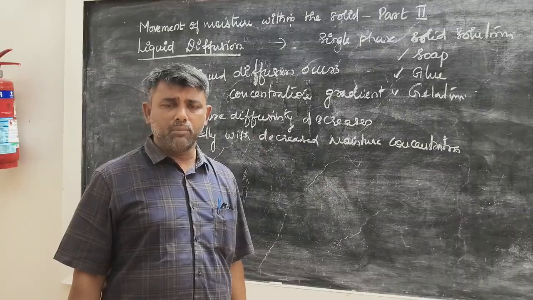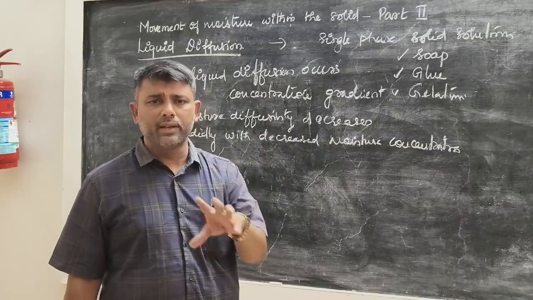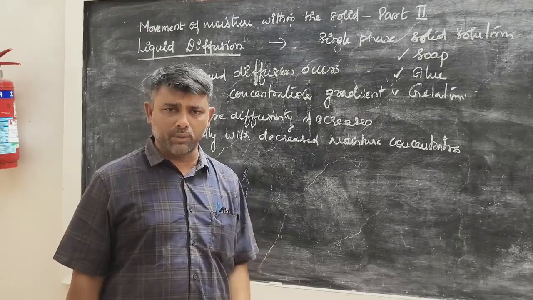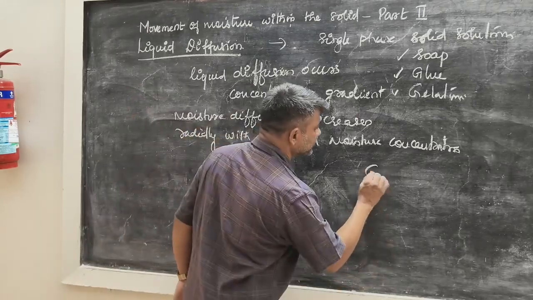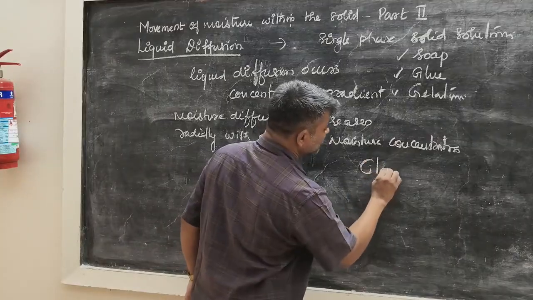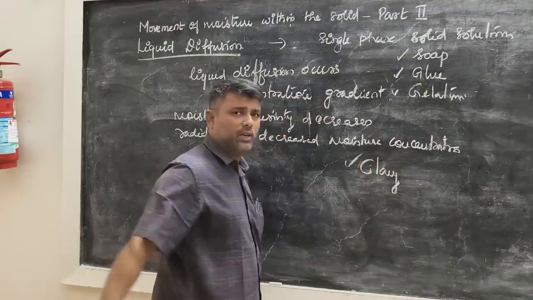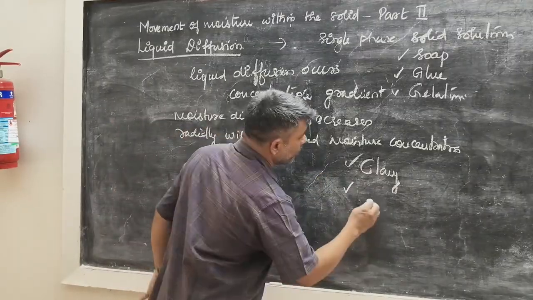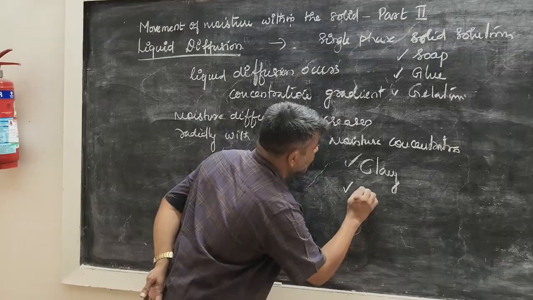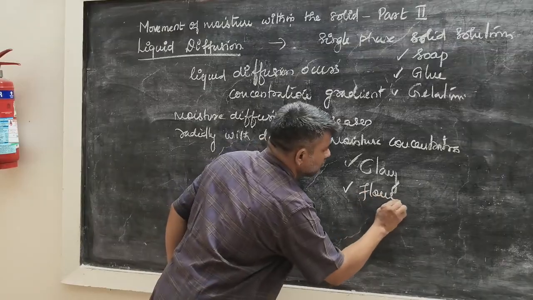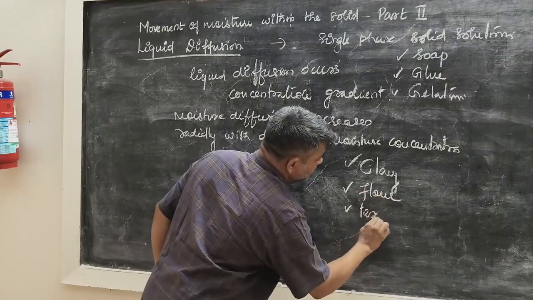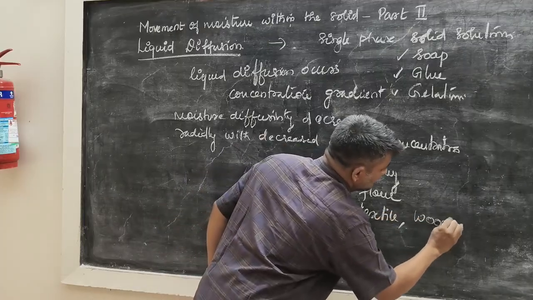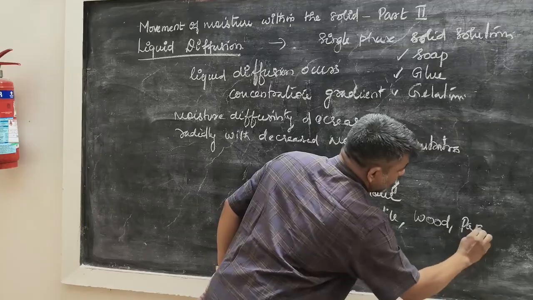By drying, bound moisture is dried, or the last portion of the water content is removed from clay, flour, textile, wood and paper and so on.